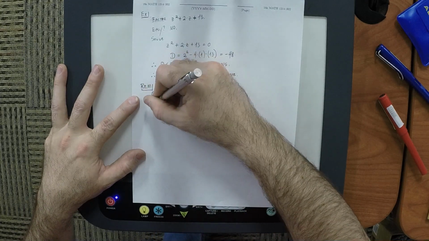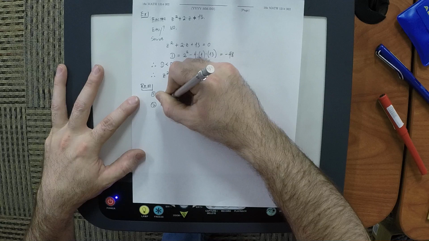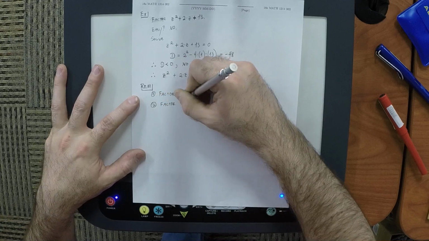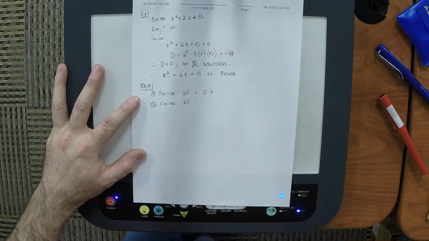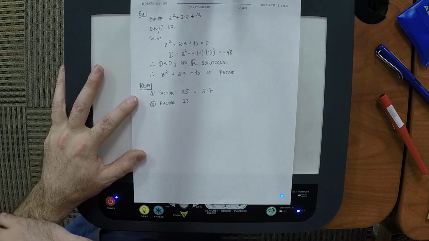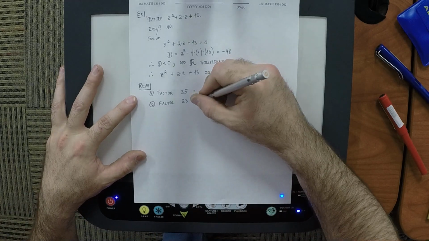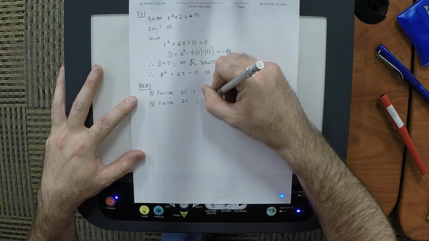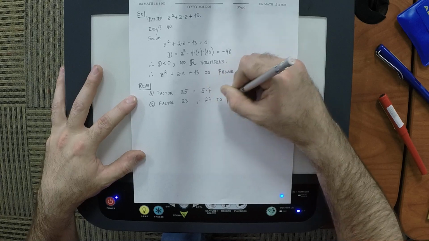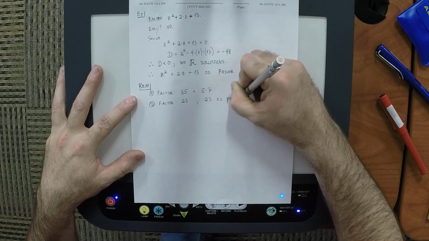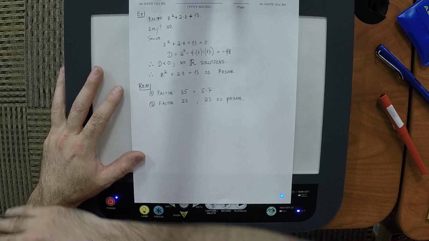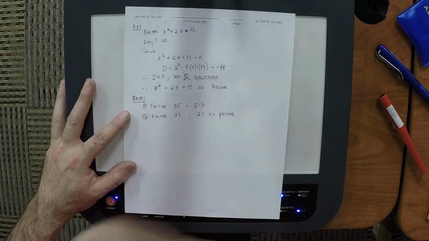But if you were requested to factor 23, then what's the correct response? 23 is prime. It doesn't have any integer factors. So polynomials can be prime.